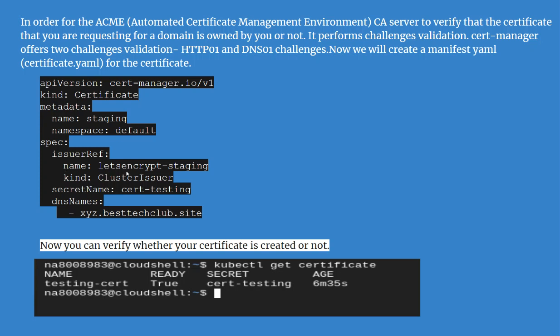Then its kind is ClusterIssuer, then its secret name that we have given, and lastly the DNS name, the site on which we want to apply this particular certificate. So we are ready with it. We just run kubectl apply -f with this file, and you can see the certificates are ready.